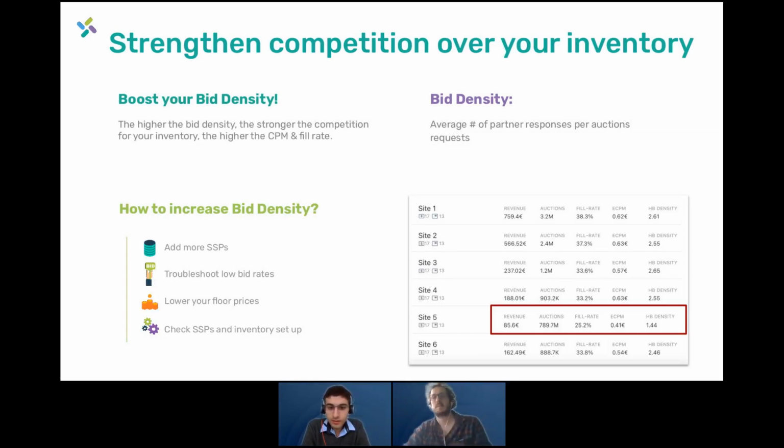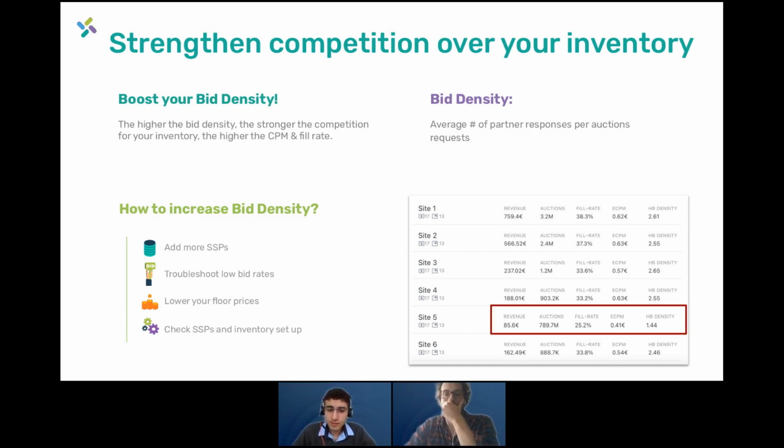So let's talk a little bit about header bidding density. I've said a couple of words at the beginning about having the proper partners plugged into your inventory, and this metric that we are computing here speaks to that. The way that we calculate this metric, we divide the number of bid responses by the number of auctions.